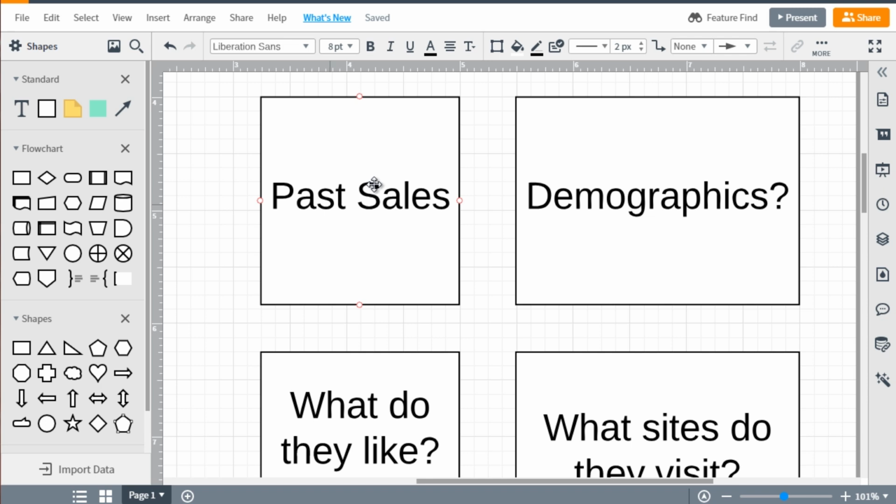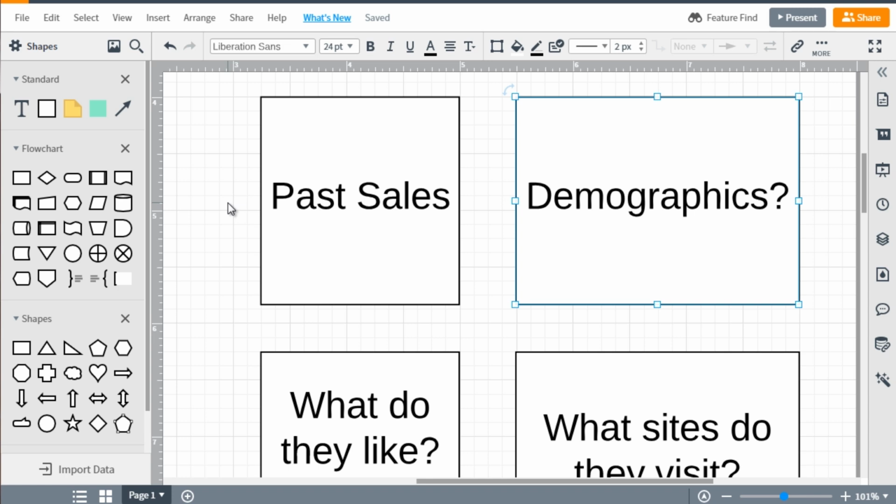Now, if you don't have any past sales, then you're going to need to get an idea of this. You can create the demographic data, and obviously you can start testing, but you're not going to know 100%. All this is doing is simply giving you a first step. This is not set in stone and it's not going to be forever. So past sales is one thing. Another thing is to start developing and figuring out their demographics.